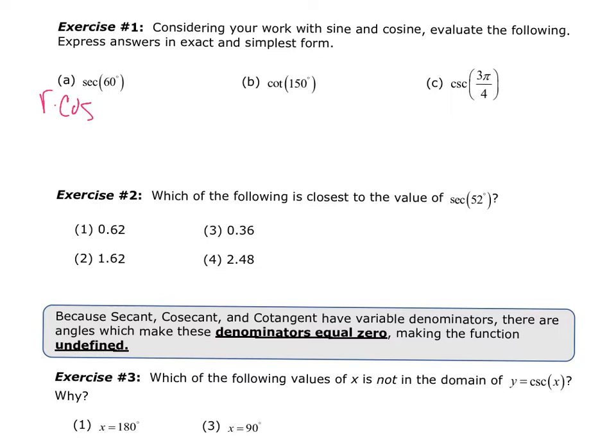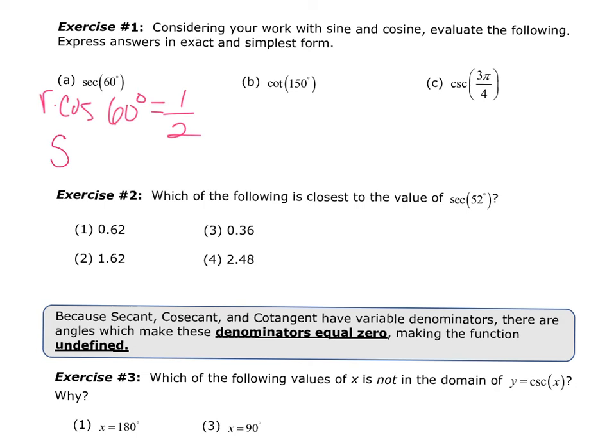So for a 60-degree angle, the cosine would be the x value. So the cosine of 60 degrees is 1/2. Now keep in mind, we're in quadrant 1, and we're talking about our x value, so anything in quadrant 1 is positive. That is something that you do have to pay attention to throughout this whole thing.